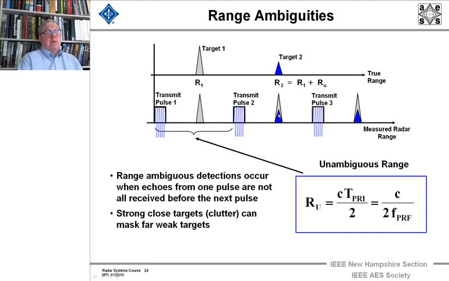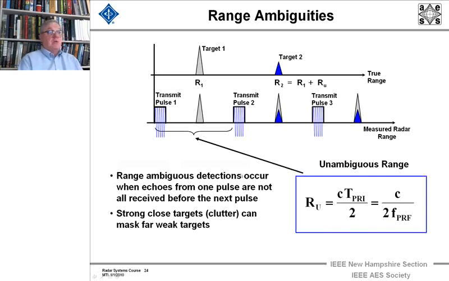But if there happened to be a target this length away, plus that 13 range pulses, we get in the same range gate the one returned from 2 different targets, that's equal to R1 plus what we call the unambiguous range. And that unambiguous range is called RU, and it's C times the time between pulses divided by 2, and that's equal to C over twice the PRF.